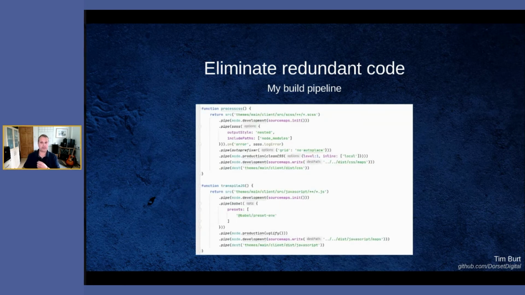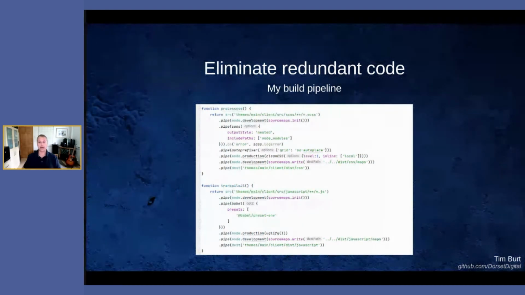In terms of the actual pipeline, I use Gulp. I find that it lends itself much more easily to this approach of asset building than something like Webpack does. And kind of the move here is to get away from big monolithic application scripts and big monolithic application style sheets.